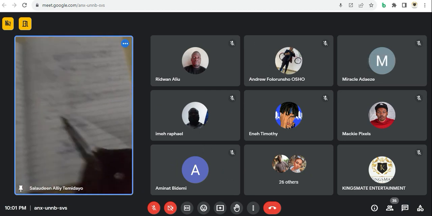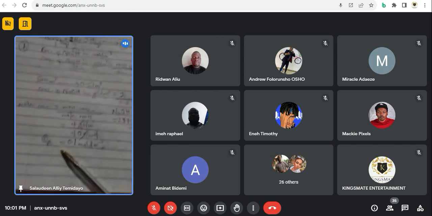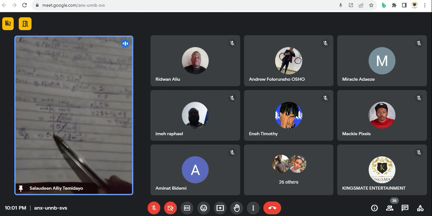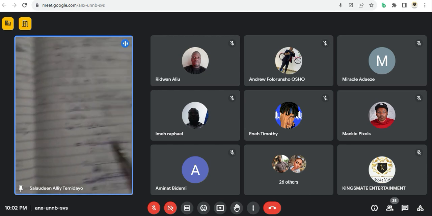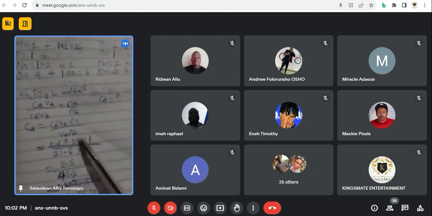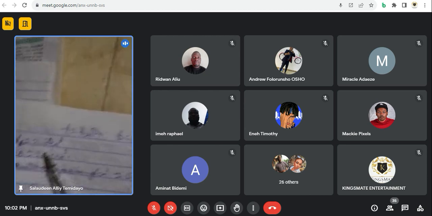What is our CB? We calculated it here, the concentration in moles per dm³ for the base: 0.1 times VB, the volume of the base given to us. That was 25.